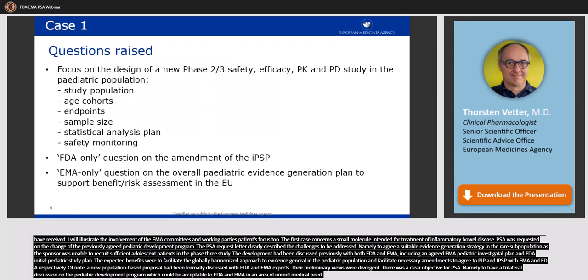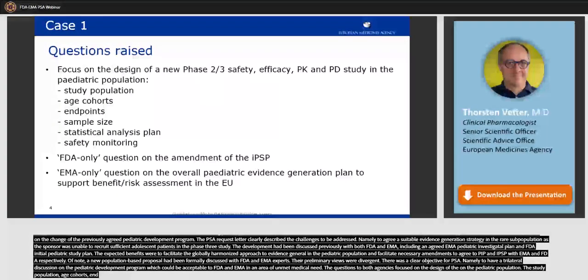The questions to both agencies focused on the design of a new phase 2-3 safety, efficacy, PK and PD study in the pediatric population, specifically on the study population, the age cohorts, the endpoints, the sample size, the analysis plan, and the safety monitoring plans.